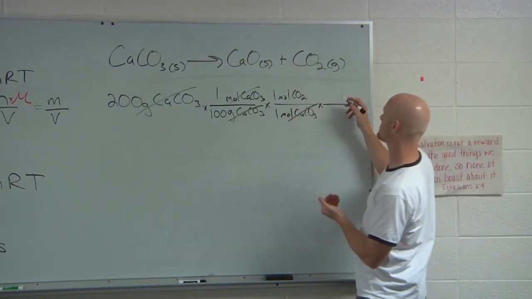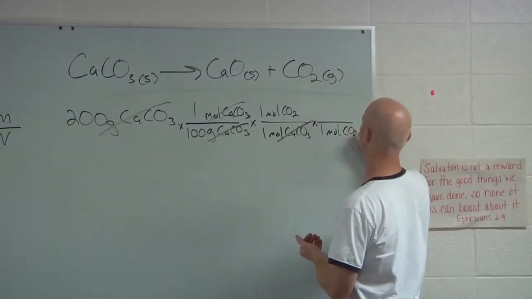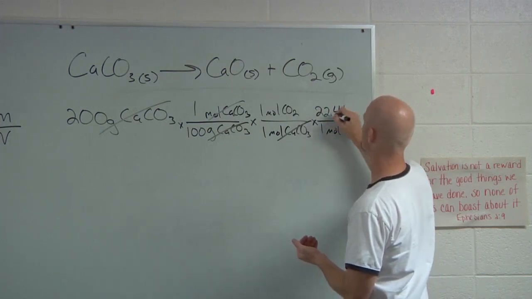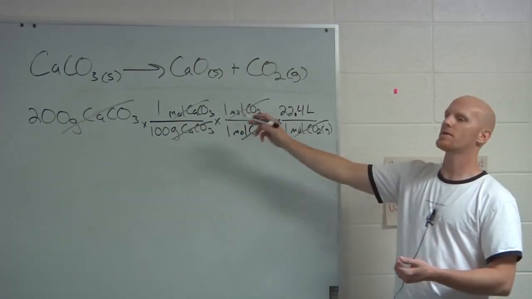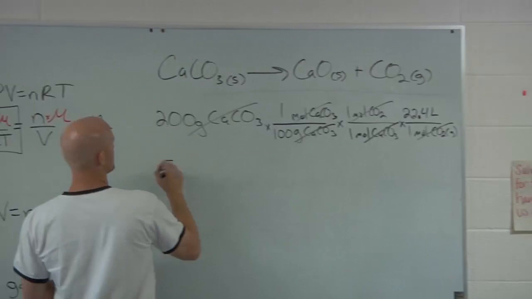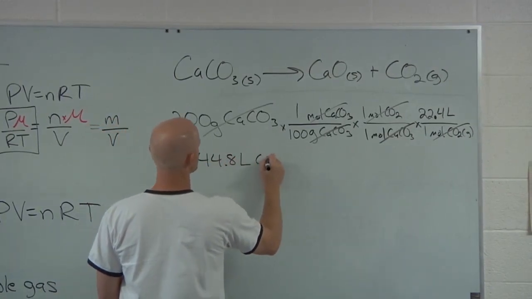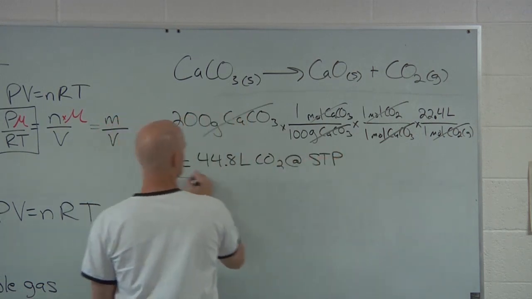But in this case, I can take it a step further. I can say that 1 mole of any gas, including CO2 gas, at STP takes up 22.4 liters. And multiply that all the way through, and lo and behold, we get what we just did in our head. So our volume would equal 44.8 liters of carbon dioxide at STP.